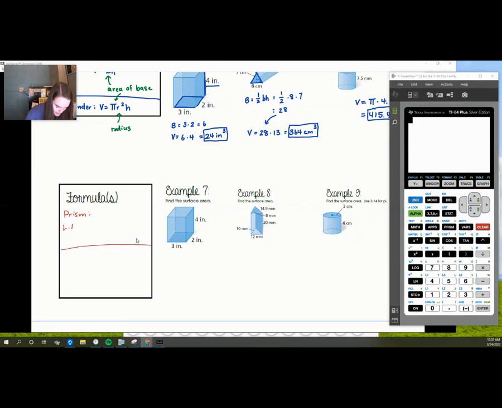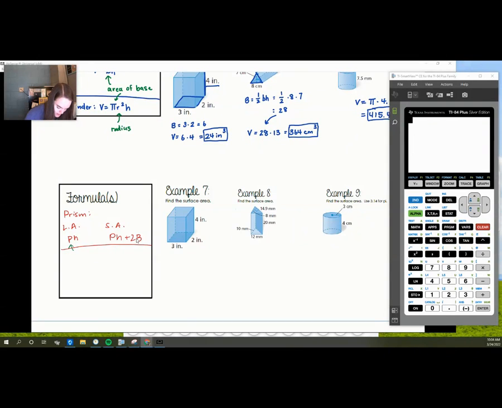We have lateral area. And lateral area is everything without the base. Okay, so the lateral area of a prism is P times H. Okay, we'll talk about what P means. And surface area is PH plus 2B.